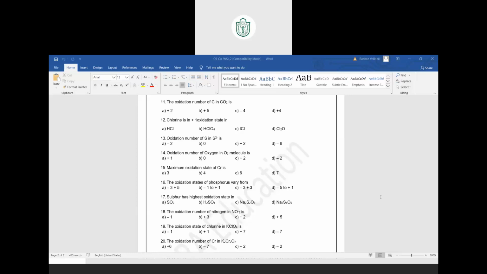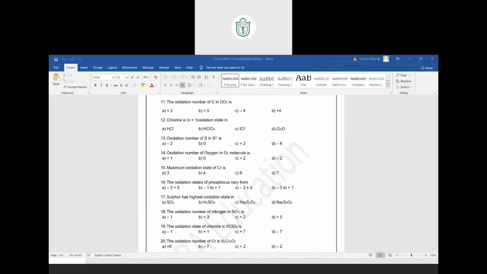Okay, guys, let me explain. What is S-2? This is sulfide, right? What is the oxidation number of sulfur in sulfide ion? We have a rule, I think rule number 3 or 4: oxidation number of monoatomic ions is the same as the charge on it. That means what is the oxidation number of Na plus ion? Plus 1.